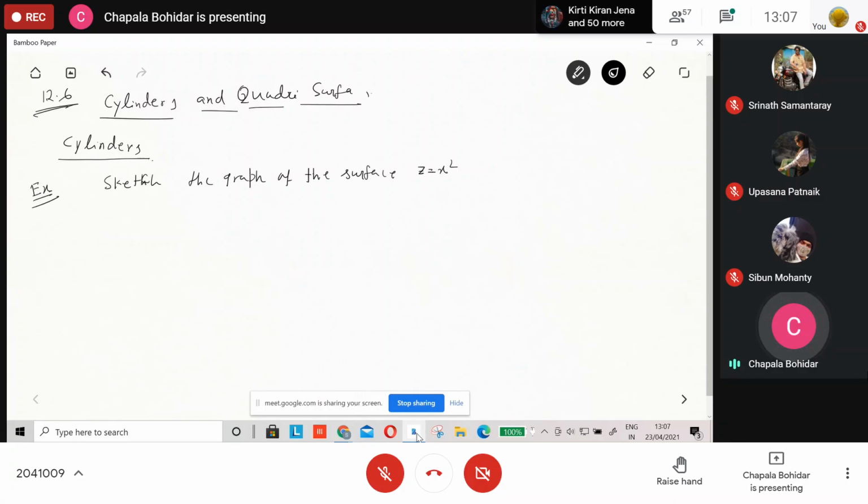So here what you notice is that the graph is z is equal to x square.